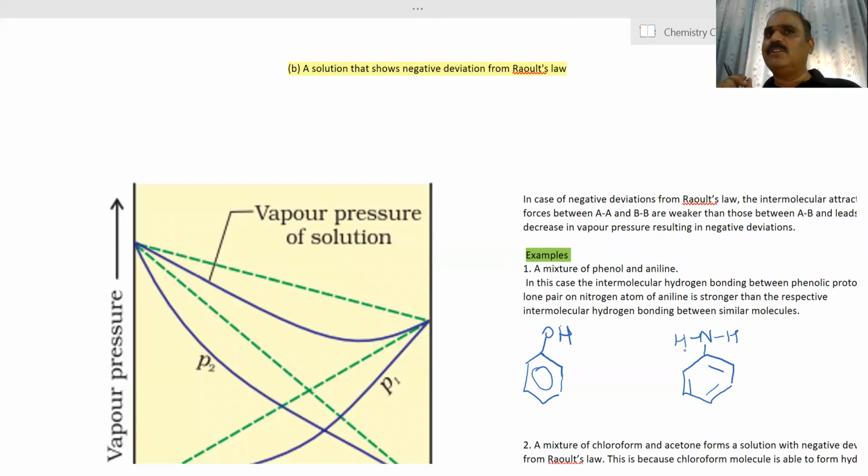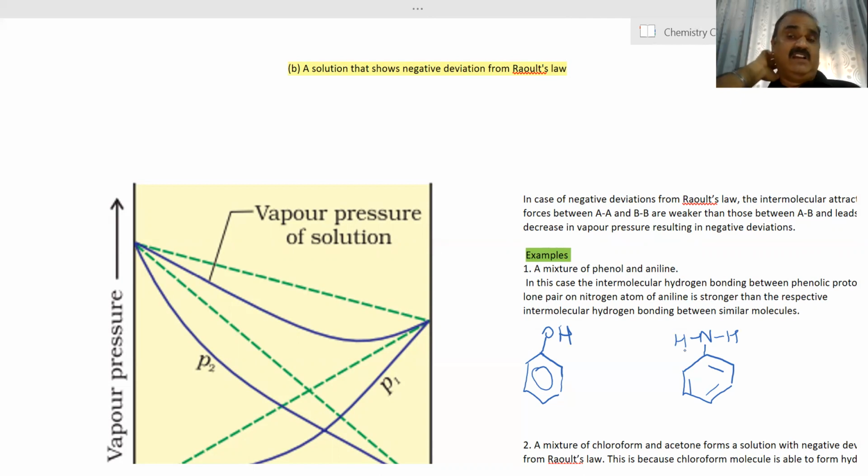But now these H bondings will be among aniline and phenol, means different molecules. H bonding was stronger when it was between similar molecules, phenol and phenol or aniline and aniline. Now H bonding is weaker. Okay, so means AB interactions are now weaker than AA and BB.